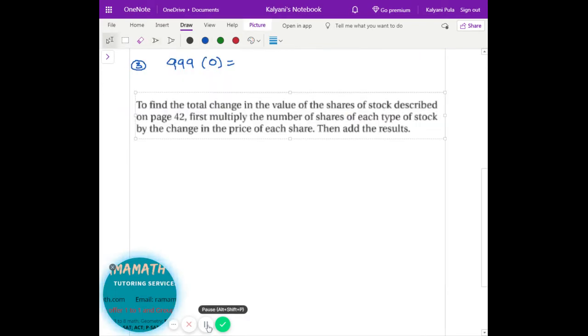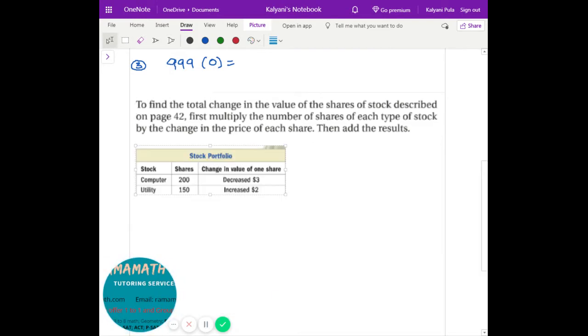That's good. The total change in value of the number of shares. Okay, now let's look into this one quickly. The total change, what we can write here is, the computer sales is 200, but it decreased. That means times -3.